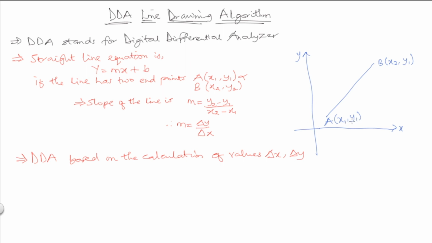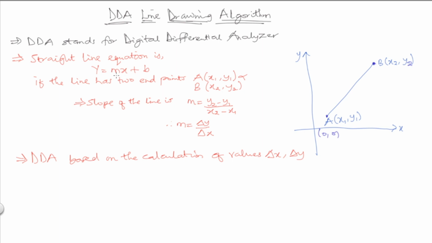From this point we have point A, which is represented by the coordinates x1, y1, and point B represented by the point x2, y2. And of course here is the origin of the Cartesian xy plane.